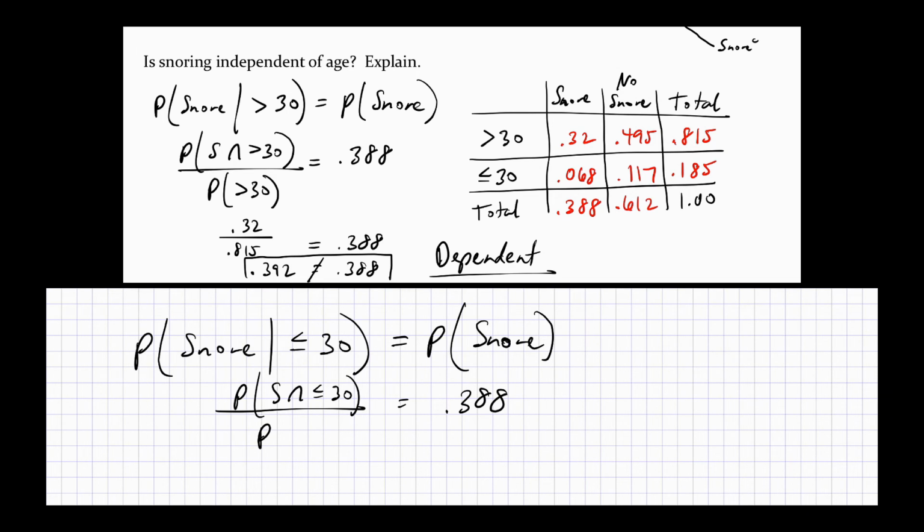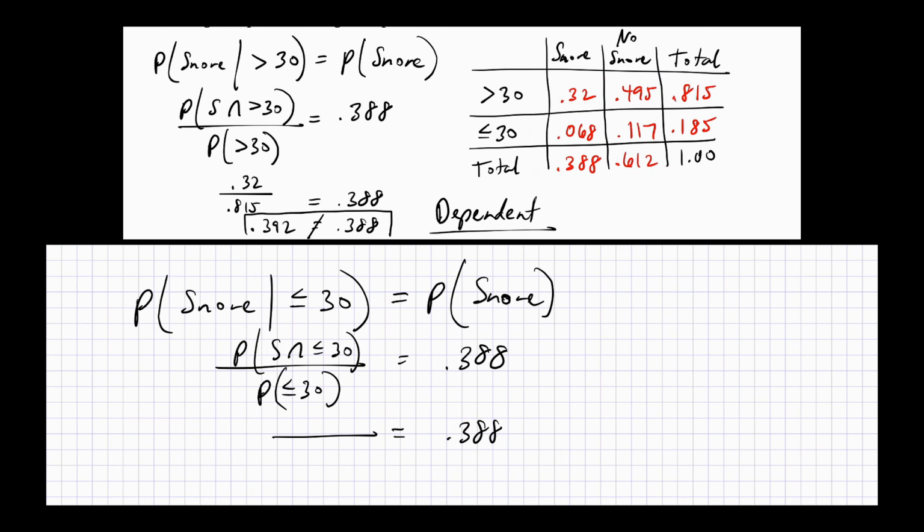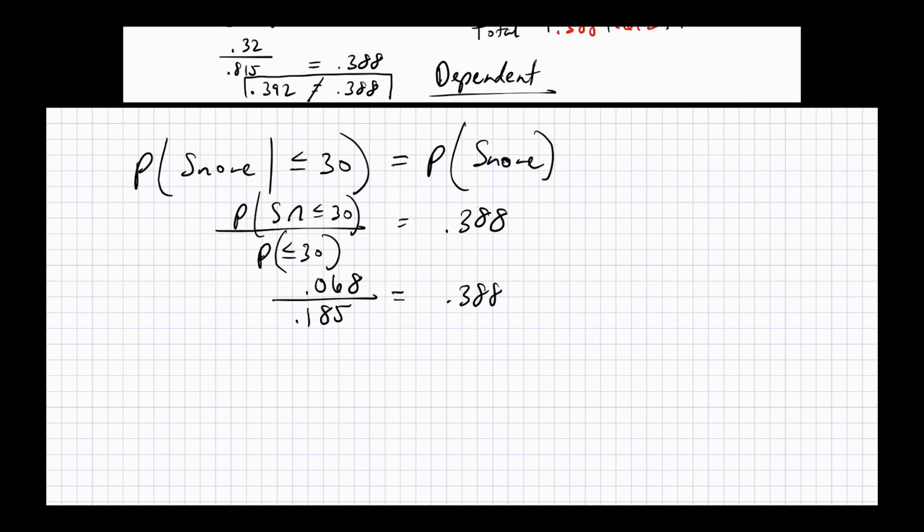And then the probability of less than 30 is 0.185. So 0.068 divided by 0.185 is 0.367. Again, it's very close, right? 0.368, but not the same.